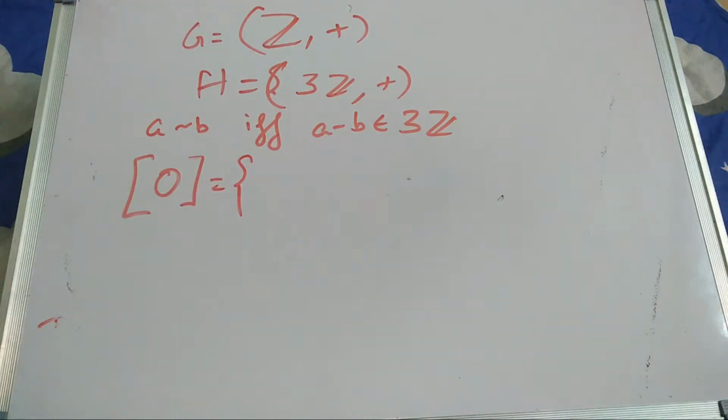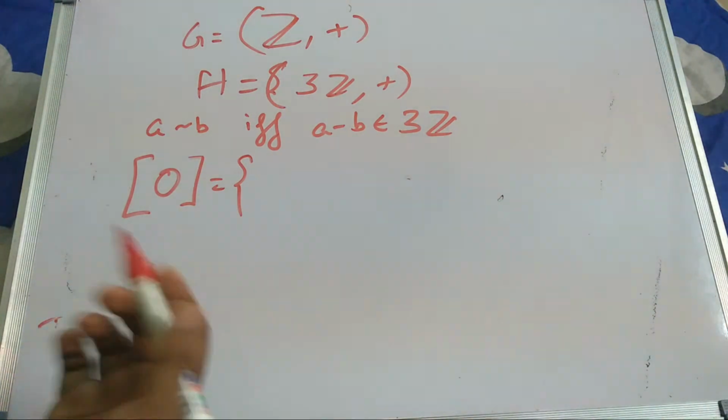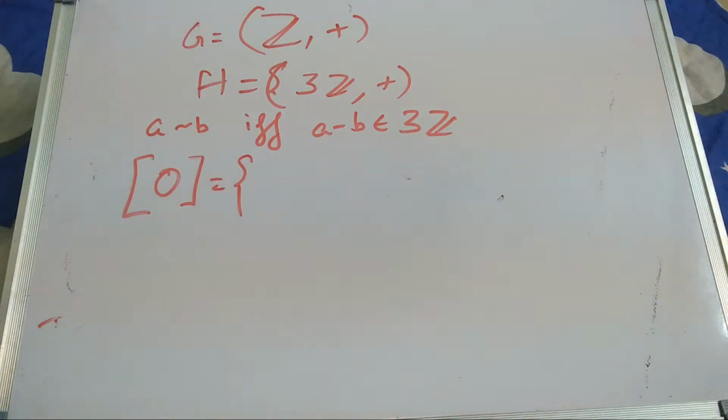Can you guess what all the elements related to 0 will be? If you have your answers, please mention it in the chat. Okay, good. There is an answer from Mahesh. It is going to be 3Z.